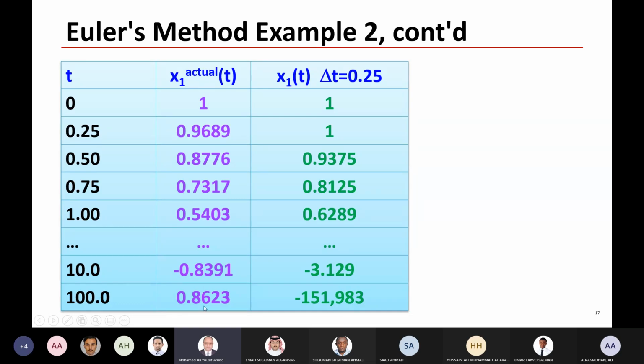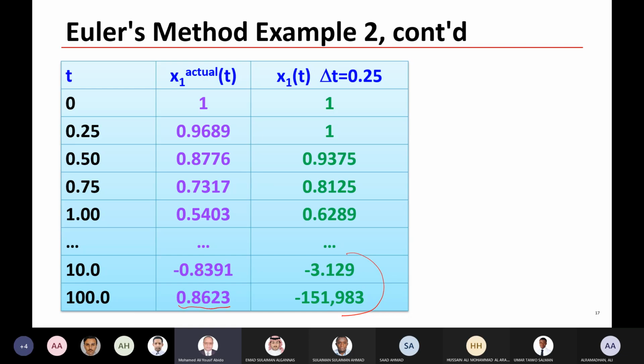So this is the actual value, and this is the Euler solution for delta t equal to 0.5. You have it here 1 up to, and you can see here that this is the numerical instability.